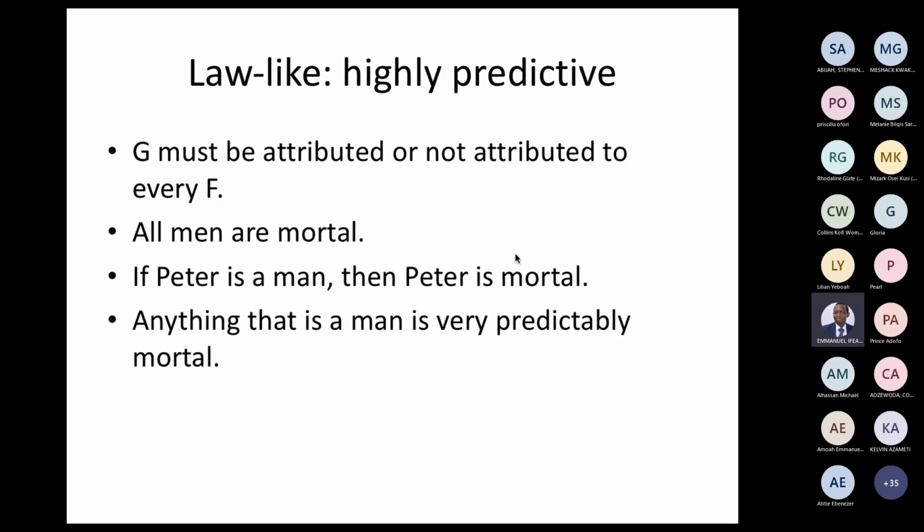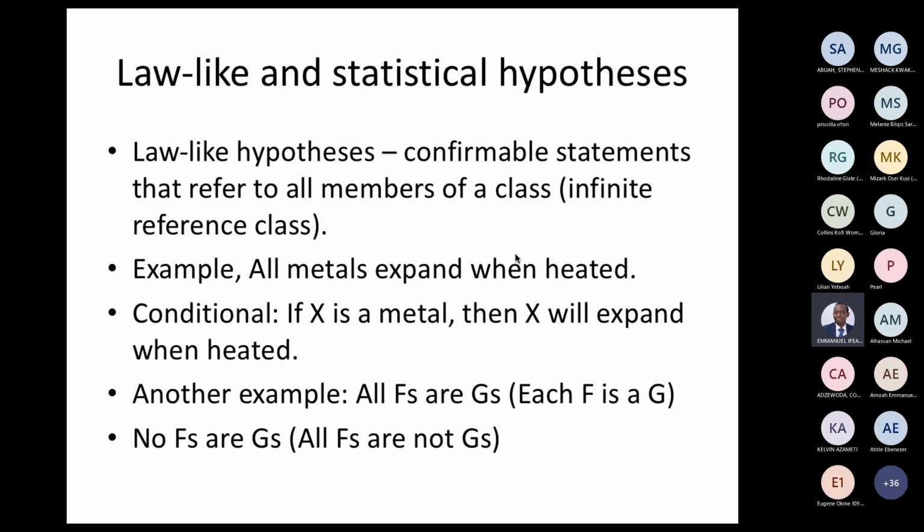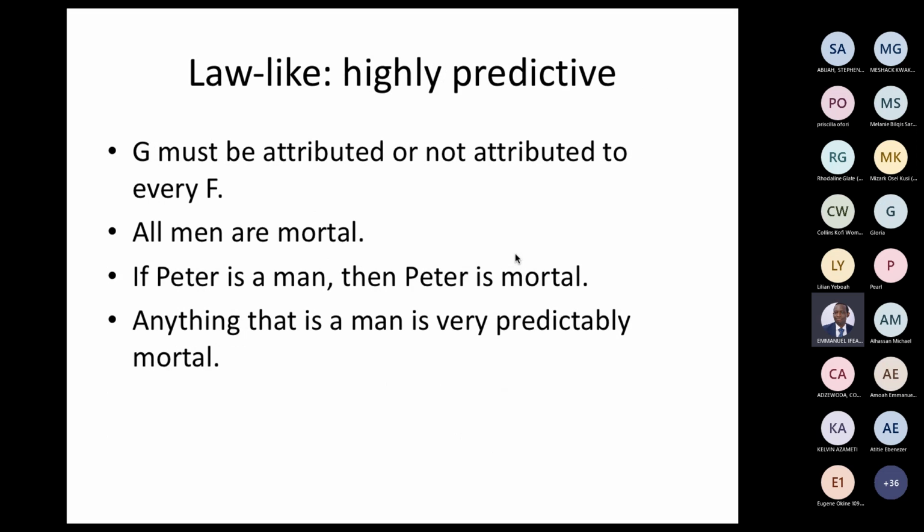Now, the law-like hypotheses are highly predictive. G must be attributed or not attributed to every F. We just saw that all Fs are Gs or no Fs are Gs. And we're saying that G must be attributed or not attributed to every F. So that's why we call it law-like.